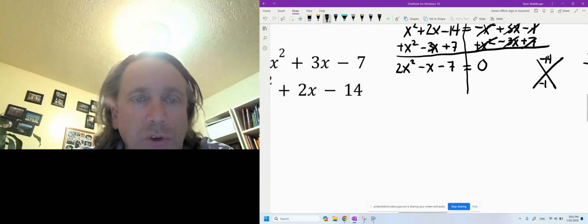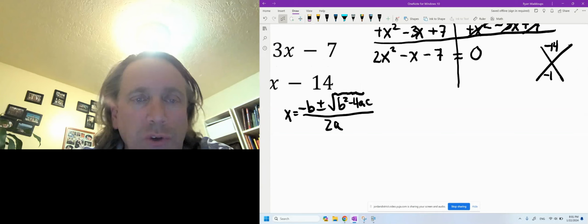We can use the quadratic formula, where x equals -b plus or minus the square root of b squared minus 4ac, all over 2a. So we're going to say a equals 2, b equals -1, and c equals -7.